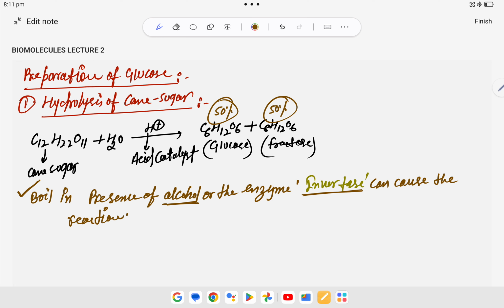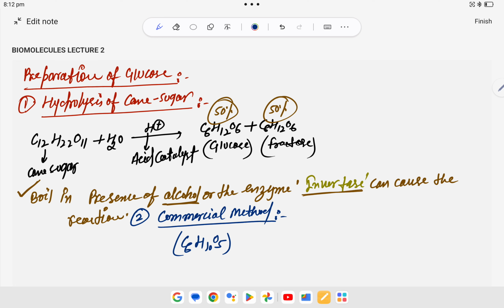If we are talking about the commercial method, here we will use starch or cellulose, (C6H10O5)n.